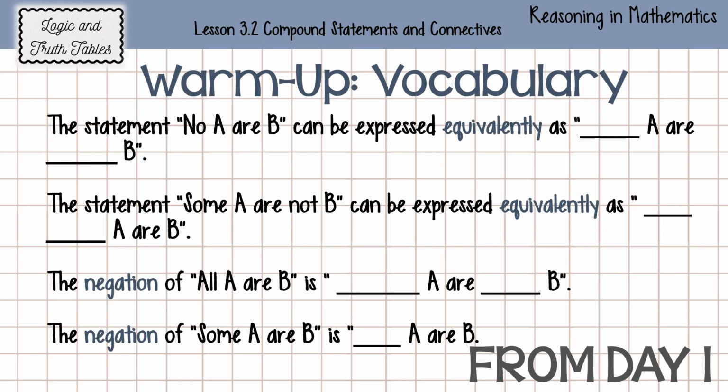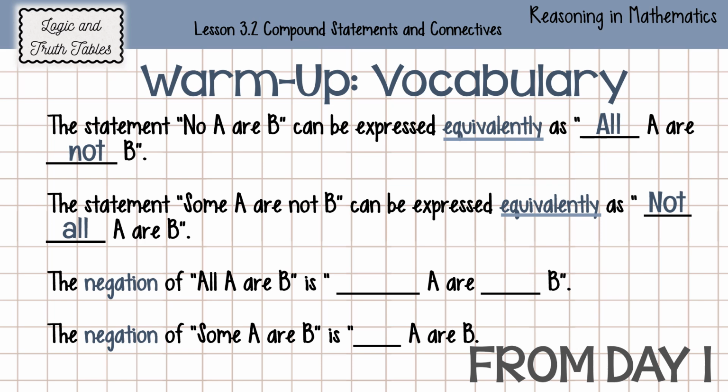The statement no A are B's can be expressed equivalently as all A's are not B. The statement some A's are not B can be expressed equivalently as not all A's are B's.